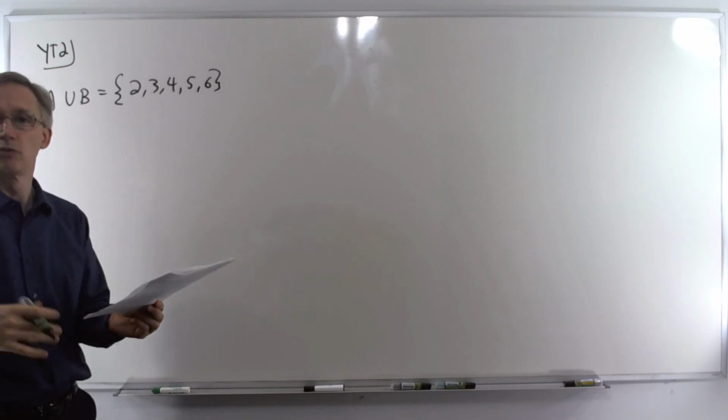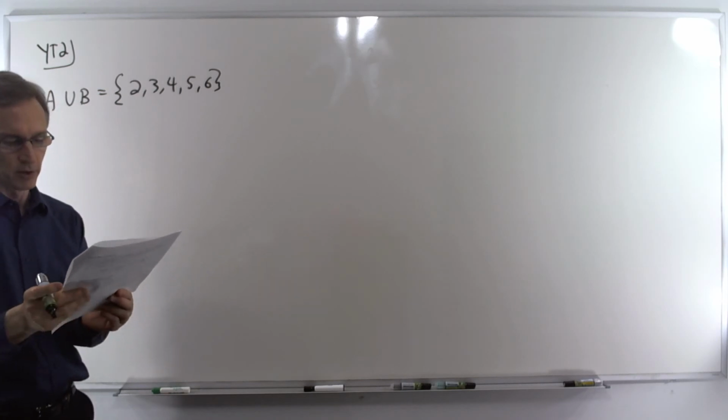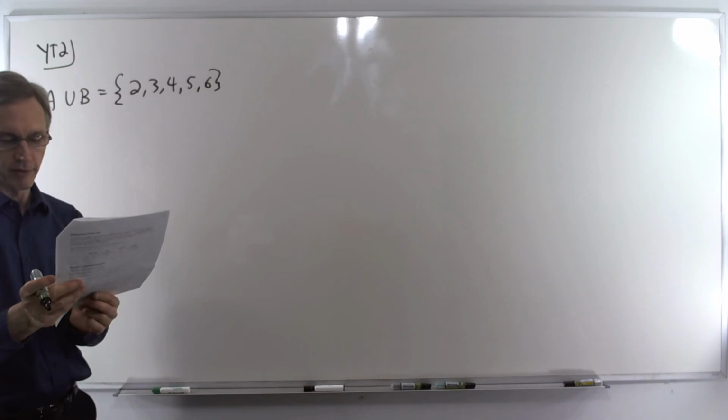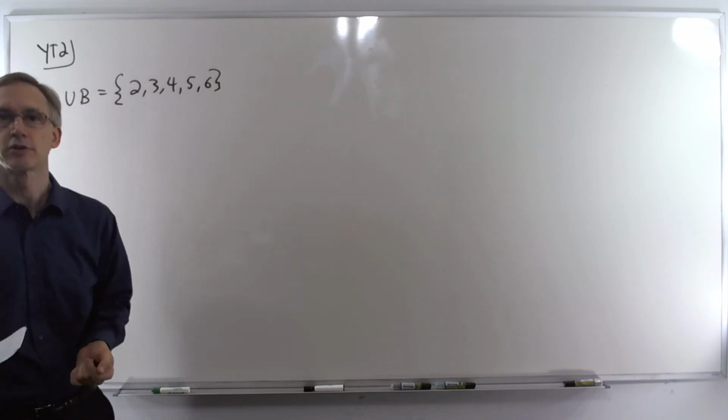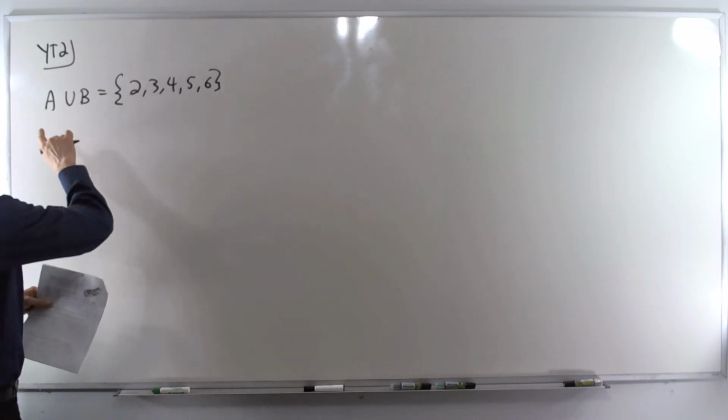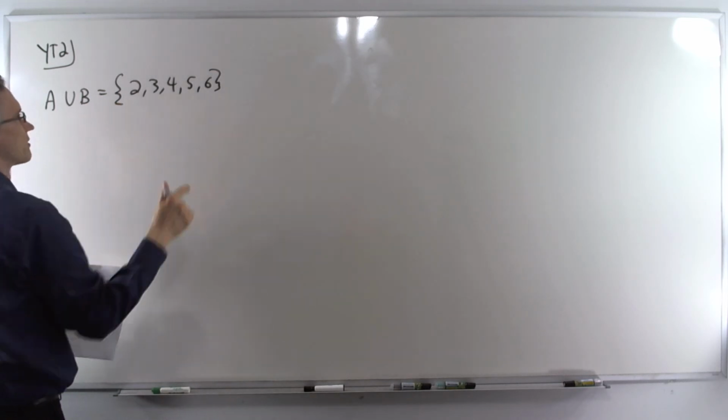So 2 is in one of the sets, so that's included. 3, 4, 5 are in both of them, so those are included. And 6 is just in set A, so that's also included in the union. So the union is 2, 3, 4, 5, 6.